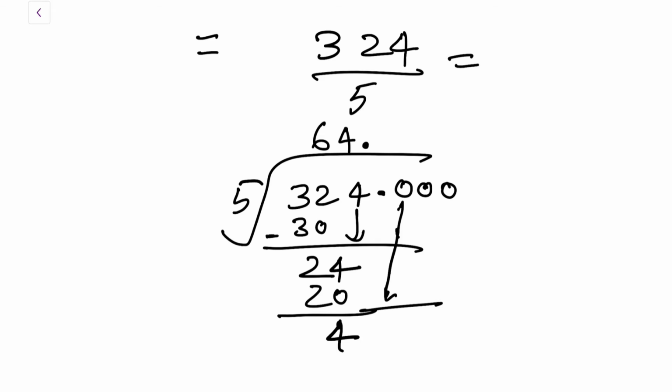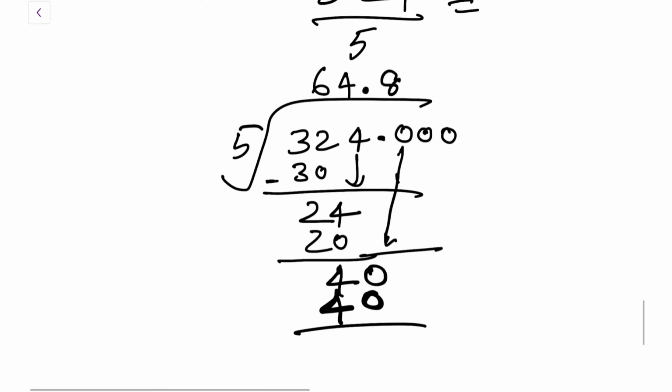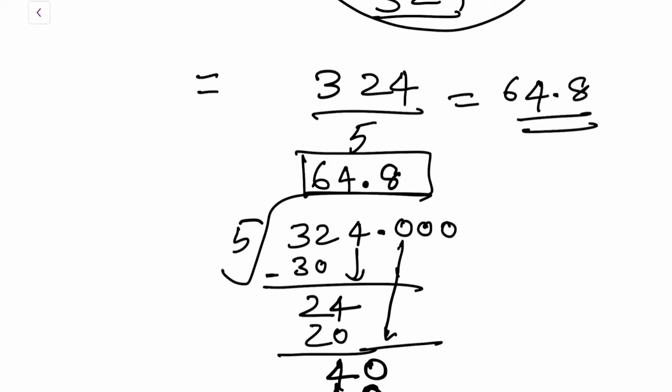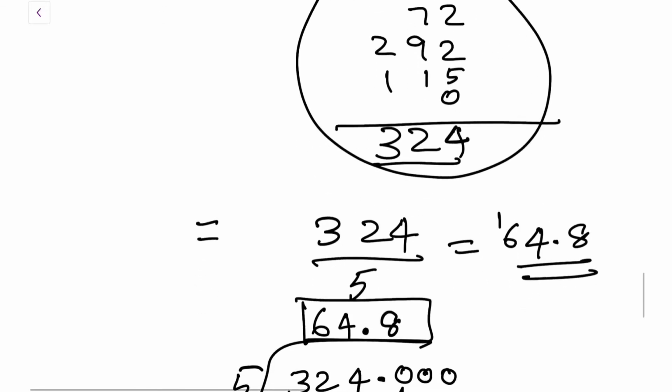You put the decimal point here and bring the tens place down. 5 8s are 40. There you go. Here you get no remainder, so you can stop. So his average score is 64.8. That means he has scored approximately 64.8 runs in each of the 5 innings.